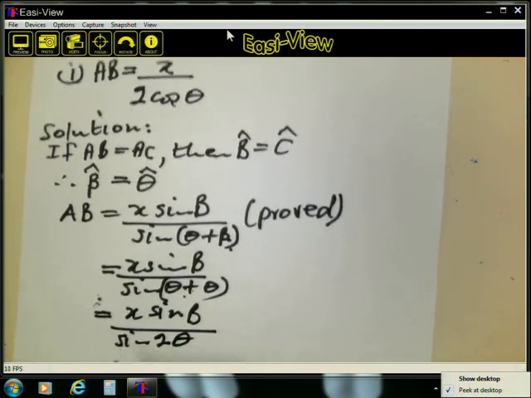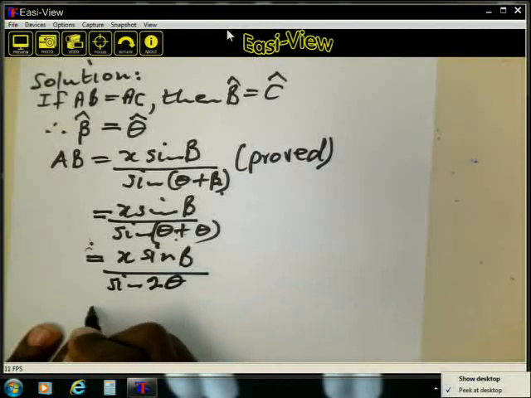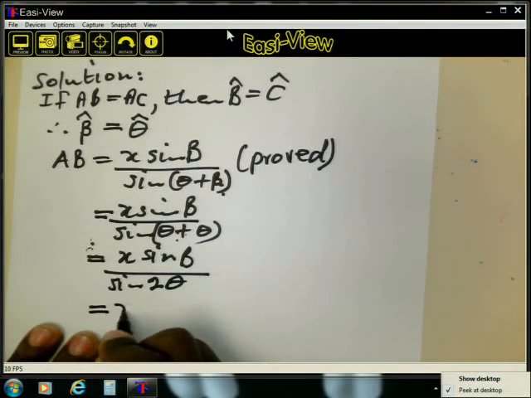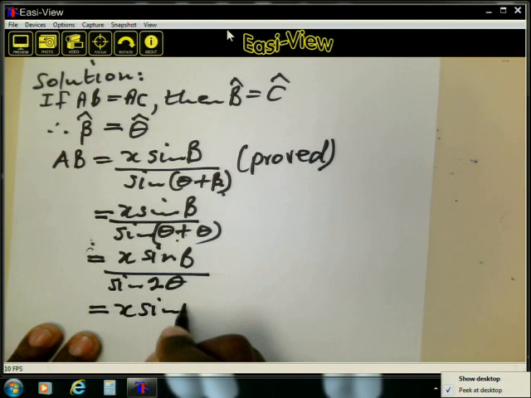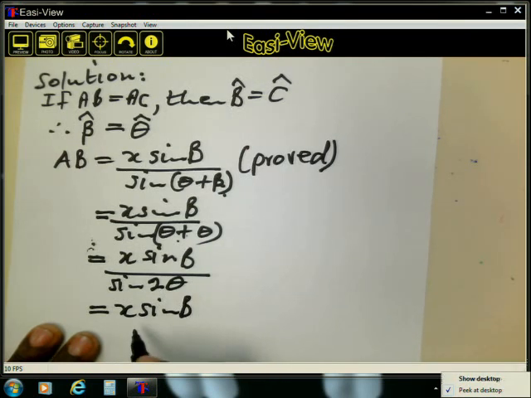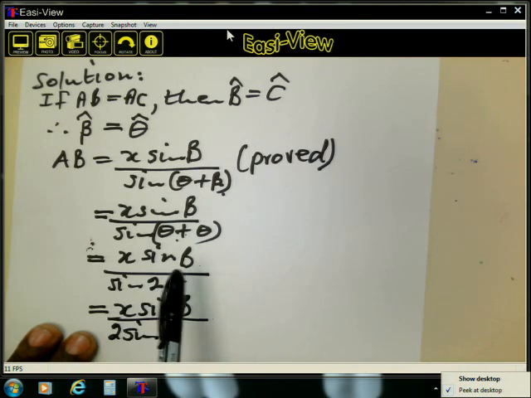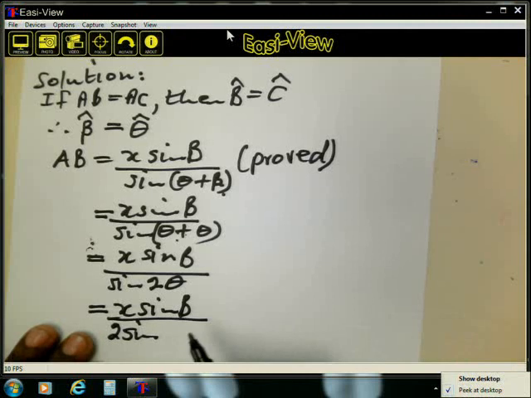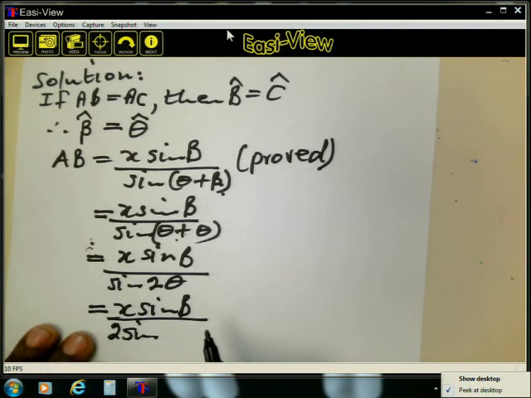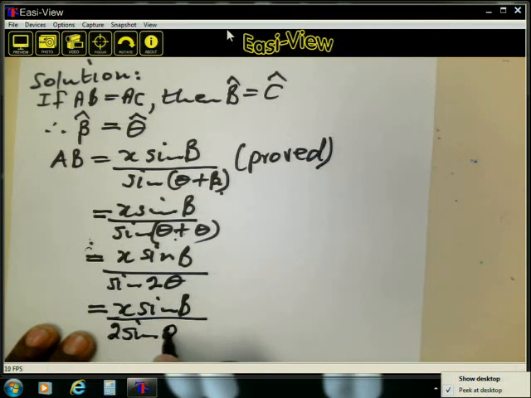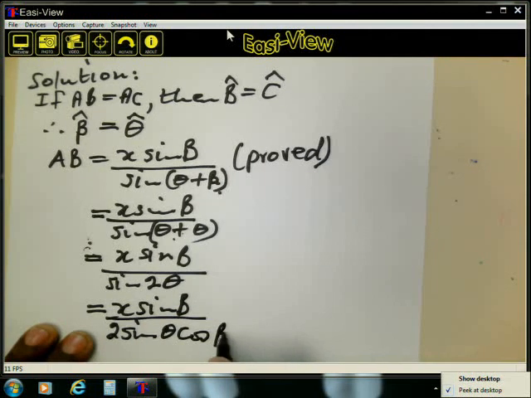Last week we dealt with double angles, and the double angles say sine of 2 theta equals 2 sine theta cos theta, but in this case our angle is theta. So it is sine 2 theta, 2 sine theta cos theta.